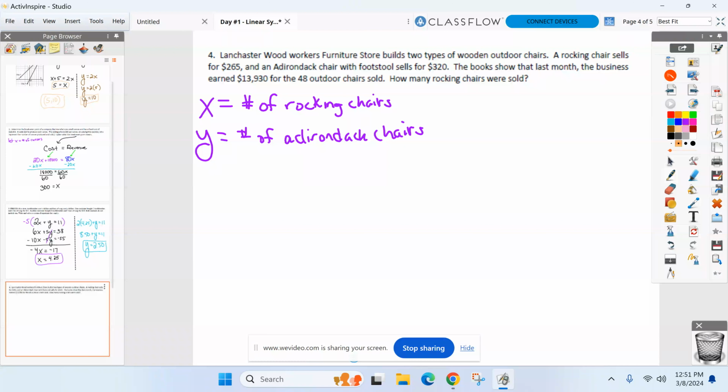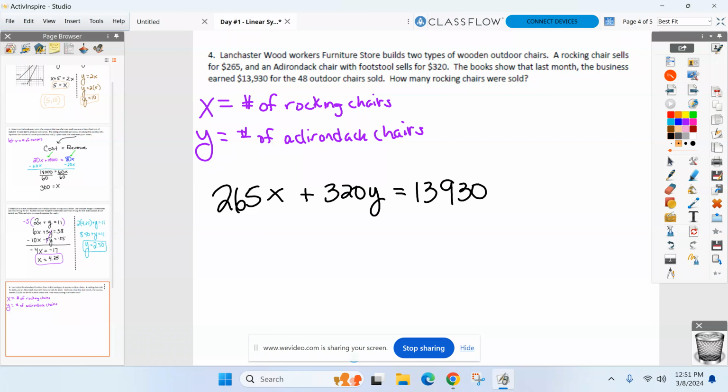How much is it for a rocking chair? 265 times x, plus 320 for an Adirondack chair with footstool, 320 times y. Selling those at that price, I made $13,930.